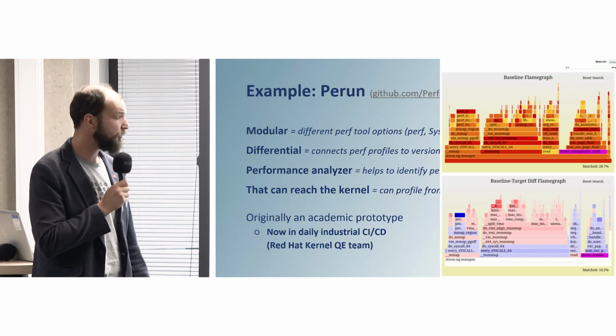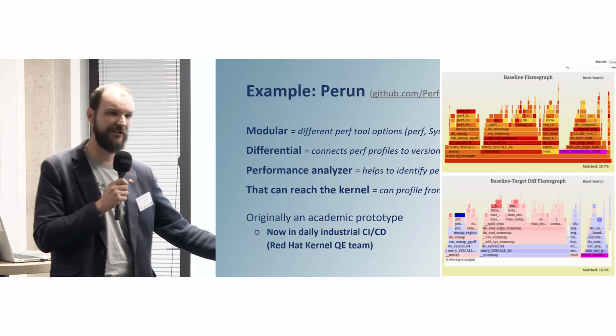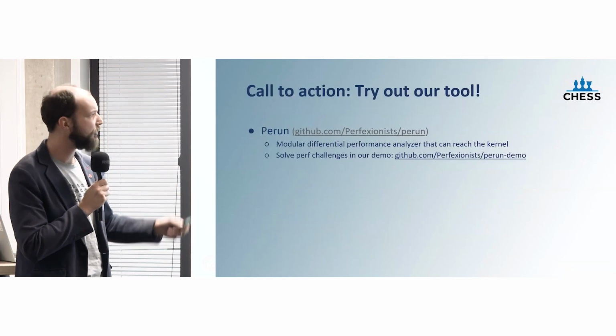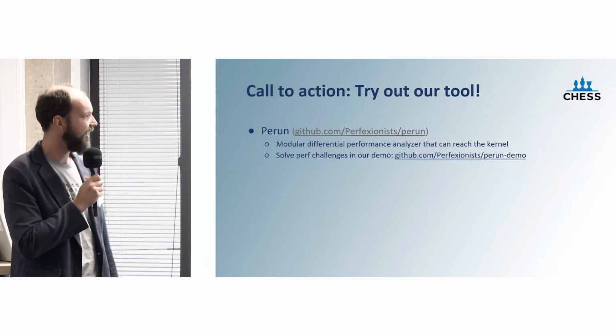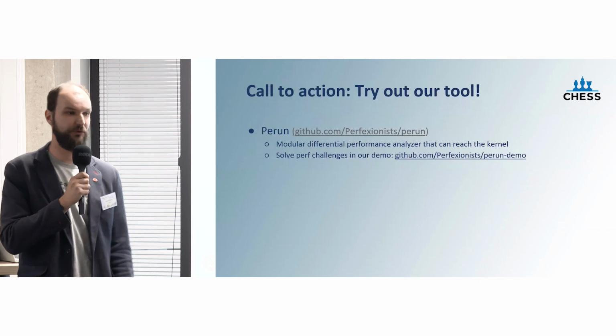We have a bunch of other tools where we want to go the same flow of getting them applied and saving time. This is Perun. There's also a demo that you can check and try to solve perf challenges with Perun.